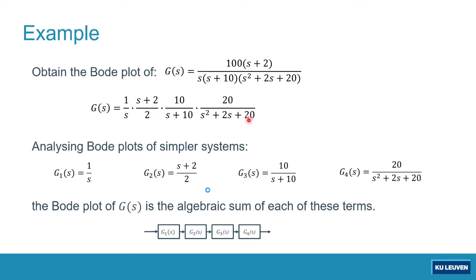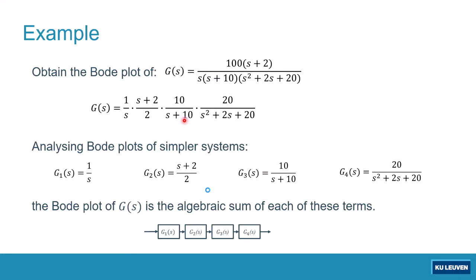So now I will analyze both plots of these individual simpler systems after I factorize this G(s) into these four simpler terms.